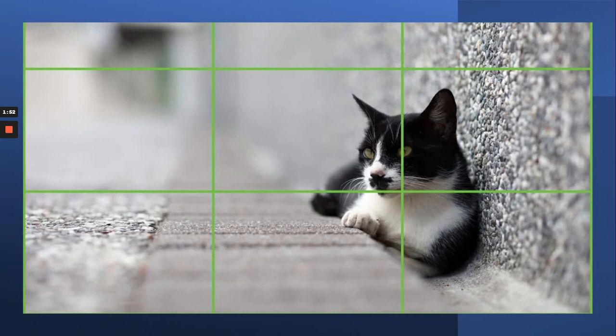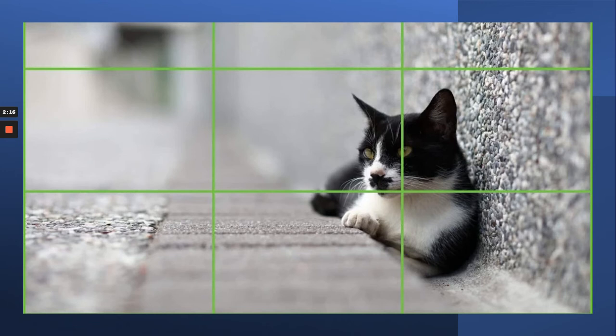It's supposed to be really naturally pleasing to the eye, and it talks about images being balanced. So we have these lines here, and it's divided into three by three. And the idea is that your main subject should be in accordance with some of these lines.